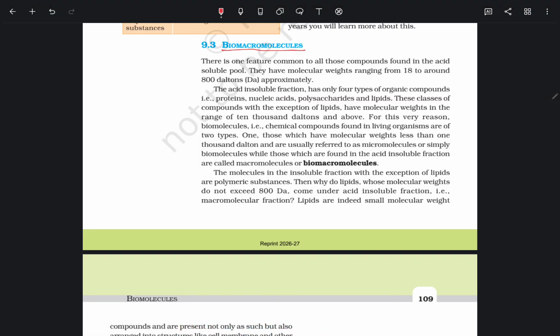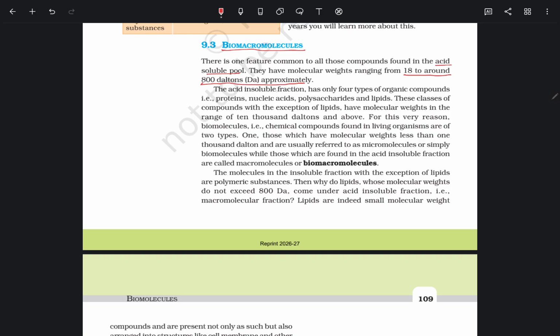biomacromolecules. There is one feature common to all those compounds found in the acid soluble pool. They have a molecular weight ranging from 18 to around 800 Dalton approximately.